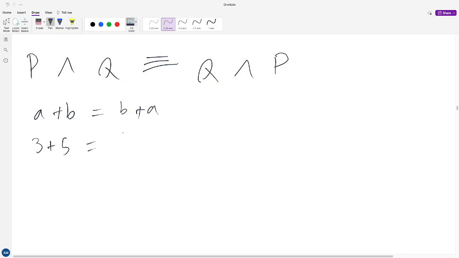That's the same thing as 5 plus 3. So we have this logical equivalence.